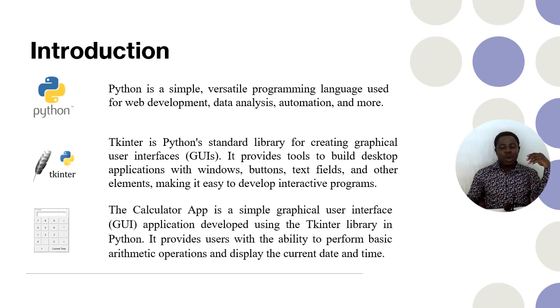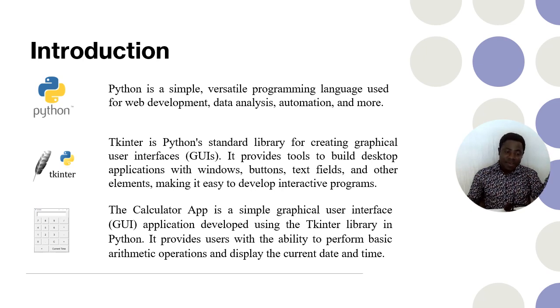So this simple calculator is going to be using the Tkinter library to create the graphical user interface, and it's going to provide us with basic arithmetic functionalities to calculate the multiplication, the division, the subtraction, and the addition operation.